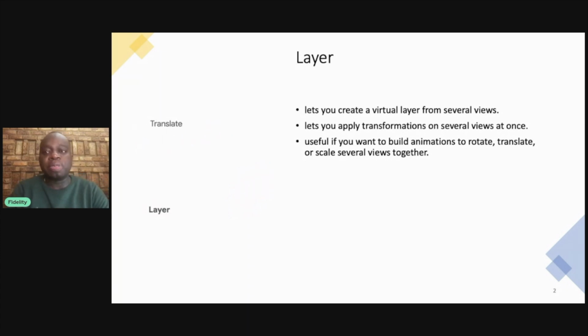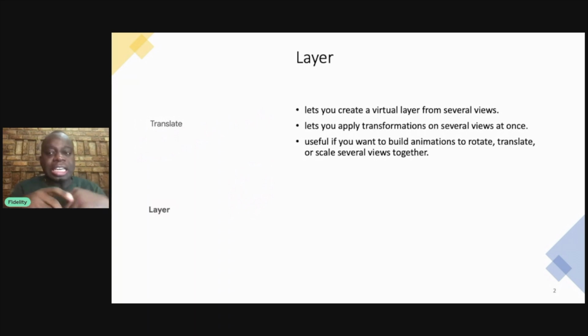If you remember from the original Constraint Layout, we had various helpers like guidelines and barriers. So with Constraint Layout 2, another helper was added called layer, which is a virtual layer where you can reference several views and apply the same transformation on those views at once.